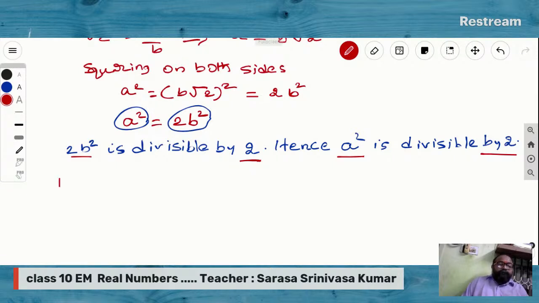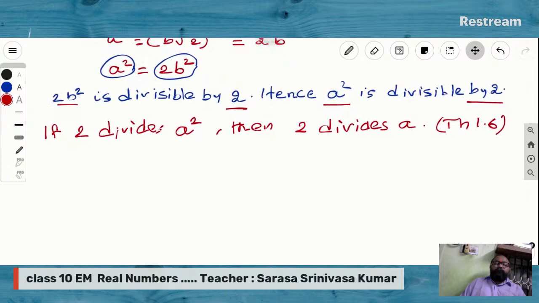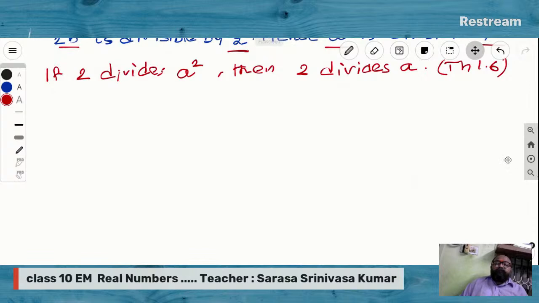So now 2 divides A square. Here 2 is a prime number, remember. Then 2 divides A. This is by theorem 1.6.